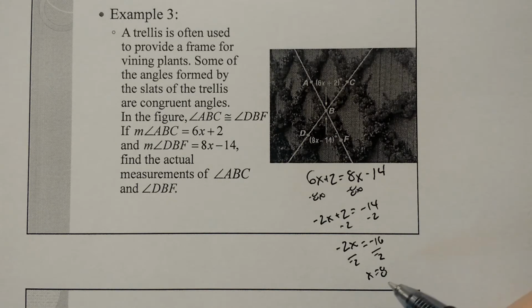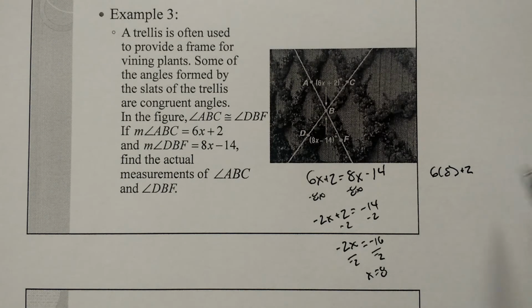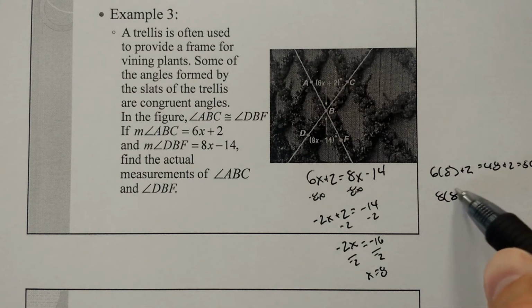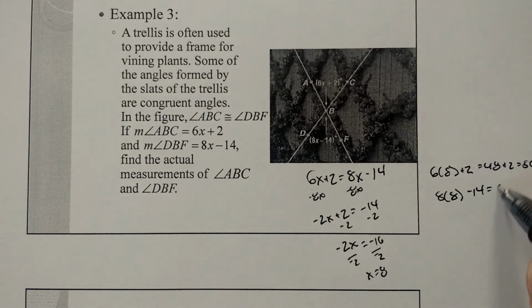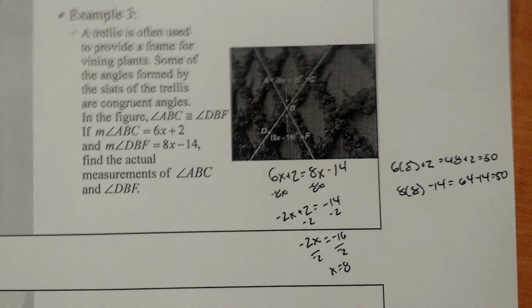But that's not the answer. It wants the actual measures, so I have to go back up. So 6 times 8 plus 2 is 48 plus 2, which is 50. Or I could do the other one, 8 times 8 minus 14. That's 64 minus 14. That is also 50. So the angles are each 50.